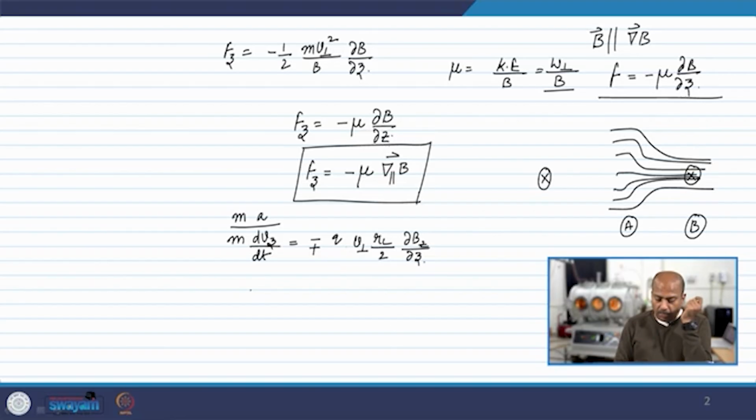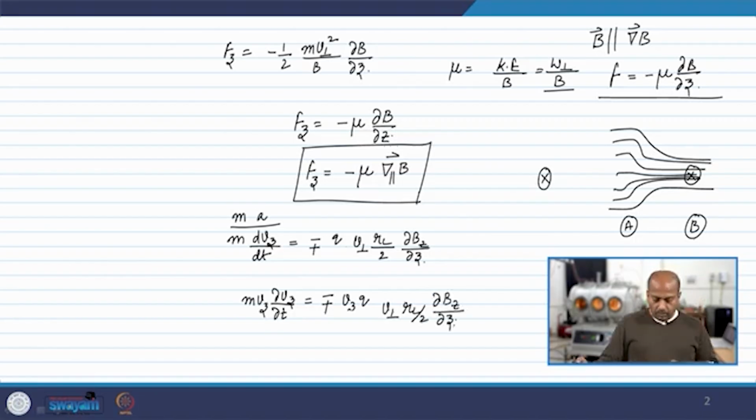Now, let us say we multiply this equation with Vz: m Vz ∂Vz/∂t is equal to minus plus Vz v perpendicular RL by 2 ∂Bz/∂z, right.